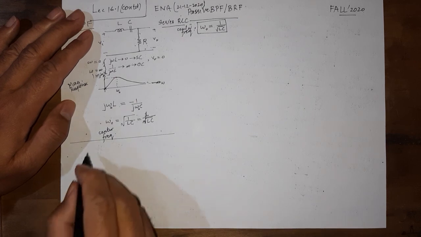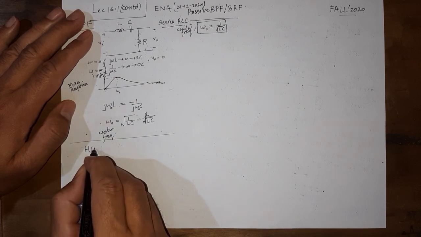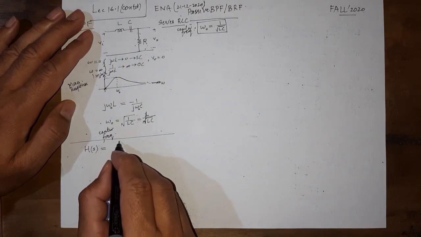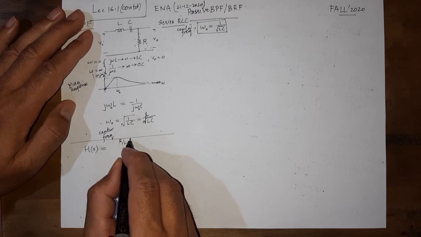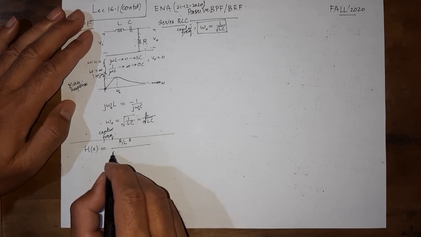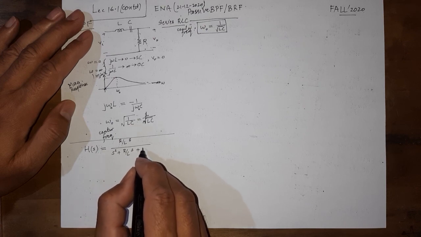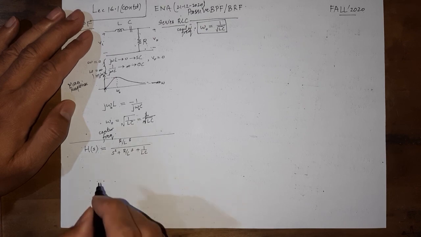With your understanding, you can try to find the transfer function H of s for this circuit, and you can see you are going to get R over L into s over s square plus R over L s plus 1 over LC.